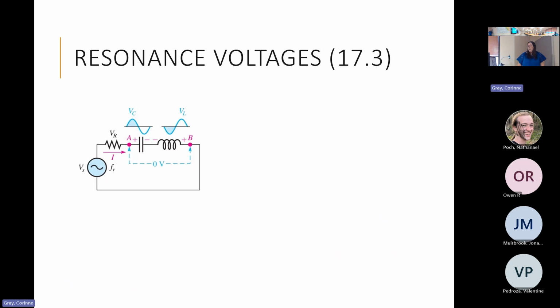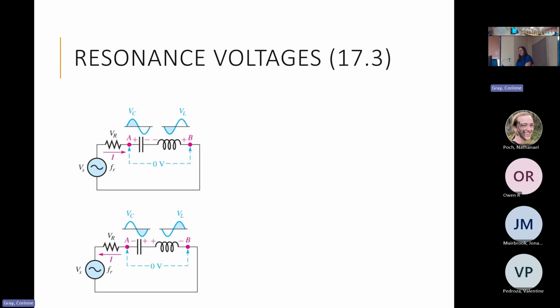So you can go through and you can plot all of this out associated with the voltages. So here we have one instance where we have a positive voltage for the capacitor, a negative voltage for the inductor. If we were to sum them together, because they are 180 degrees out of phase, they'll sum up to 0.